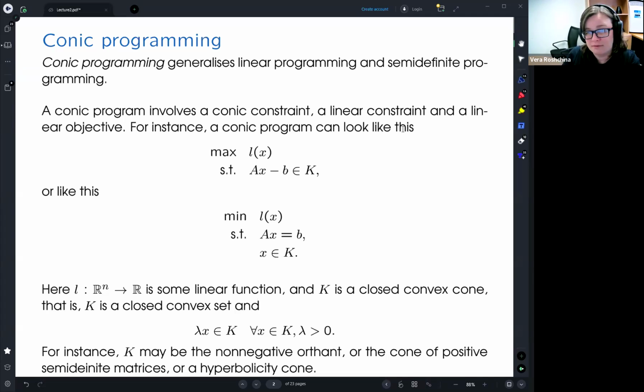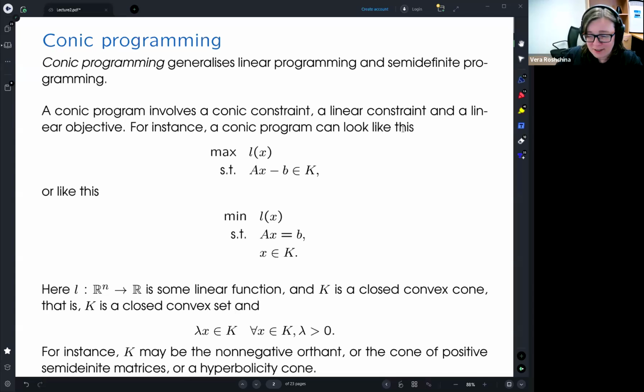There are all sorts of different cones that are useful for formulating real-world problems or problems that come from pure mathematical challenges and so on. And for some particular cones, we actually have very good software to solve those problems. We have excellent software for linear programming, semi-definite programming. There are some methods for hyperbolic programming and so on, right?